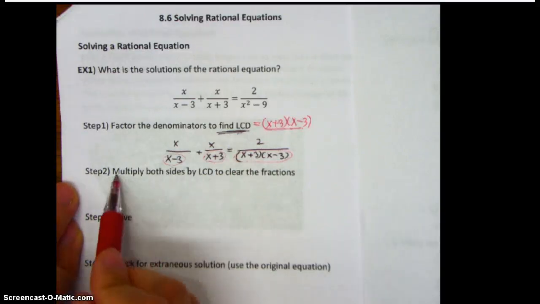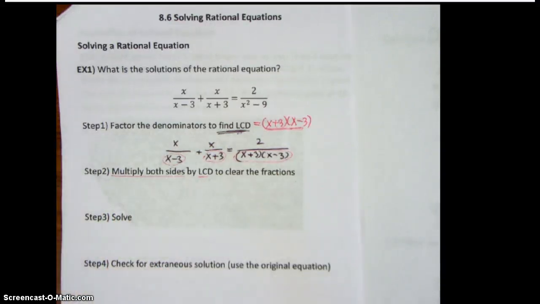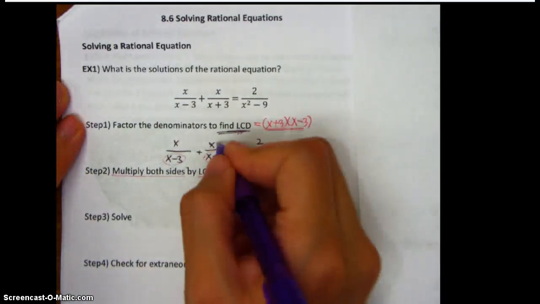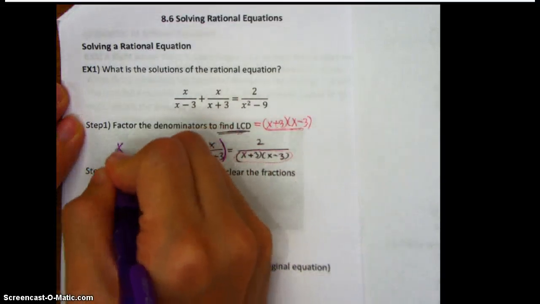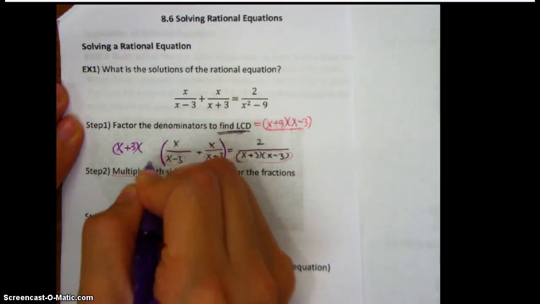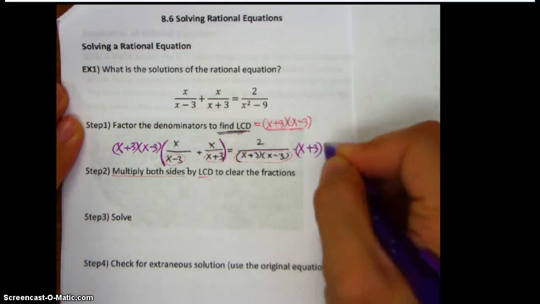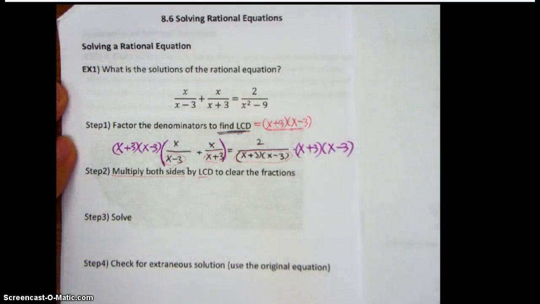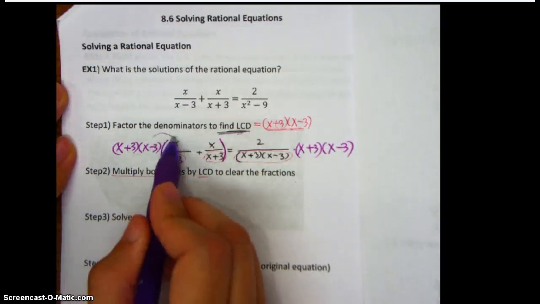The second step is to multiply both sides by the LCD that we have just found, because in any equation, as long as you do the same thing on both sides, that's always valid. The reason for this is so that we can clear the fraction. So I will put parentheses around the left side, and then I will multiply both sides by the LCD. When you multiply on the left side, because you have two terms, you have to distribute to each of them.